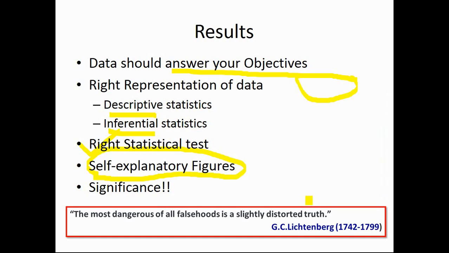So people can stop doing research on that particular topic and move on to the next topic where significance is there. There is no harm in reporting a factor having no significance. And we should always keep in mind that the most dangerous of all falsehoods is a slightly distorted truth.